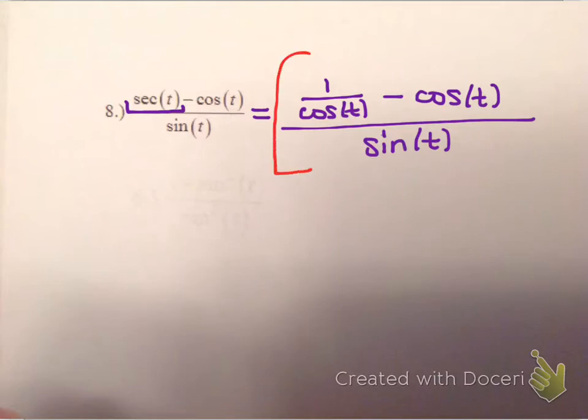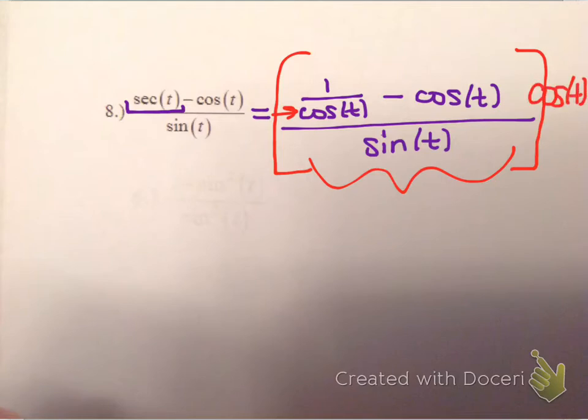Now it looks like what I've done is generated this enormous mess, but there's a shortcut for simplifying fractions embedded within fractions. And that shortcut is to take your common denominator and distribute everything through by it. So I only have one fraction in this entire thing, and it's got a denominator of cosine. So I'm going to take my large fraction and multiply through by cosine of t on top and cosine of t on the bottom.